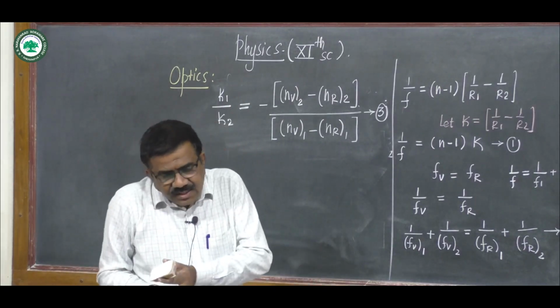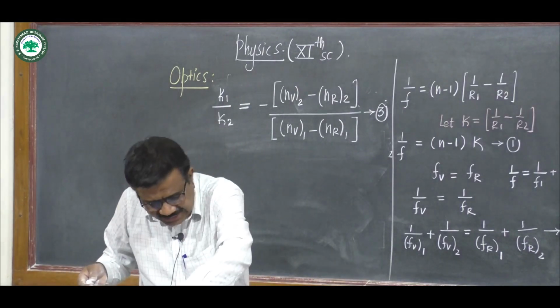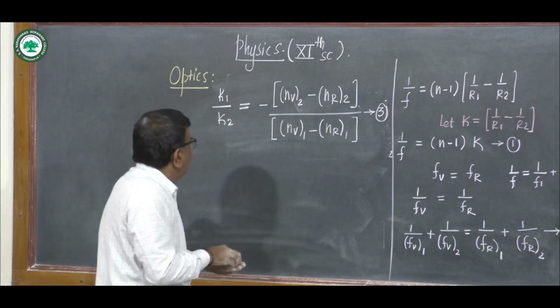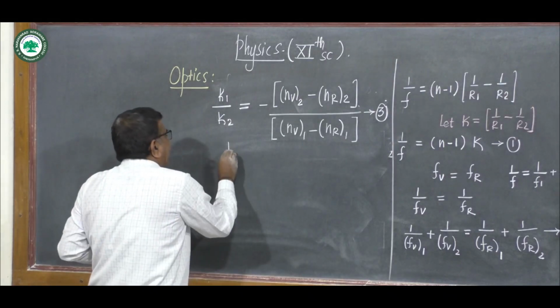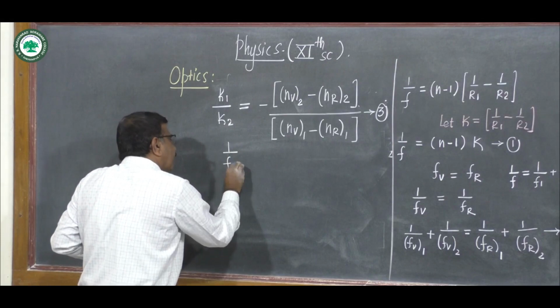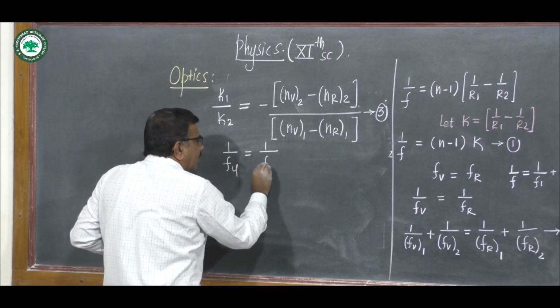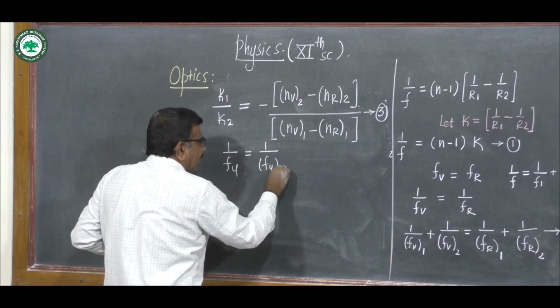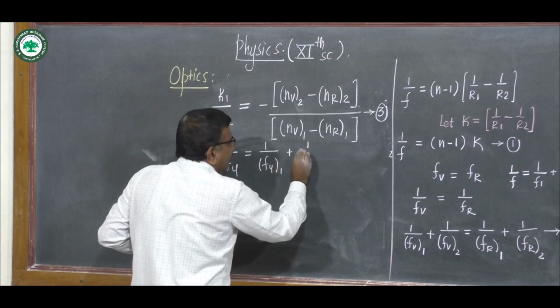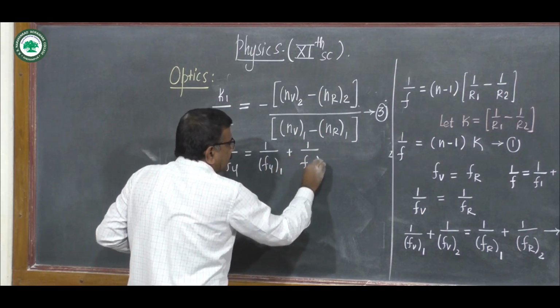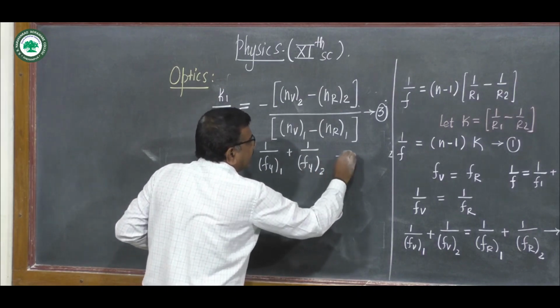Similarly, for mean yellow color, 1 upon Fy, that is the focal length for the yellow, is equal to 1 upon Fy1 plus 1 upon Fy2. We call it as equation 4.